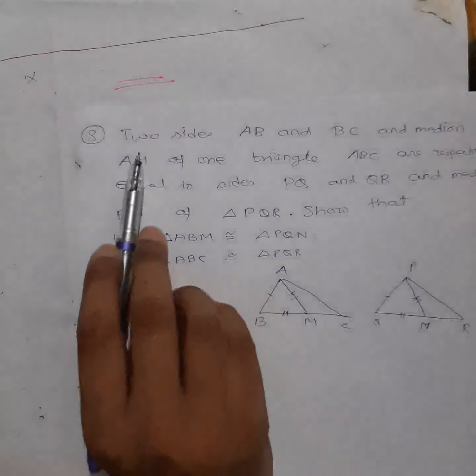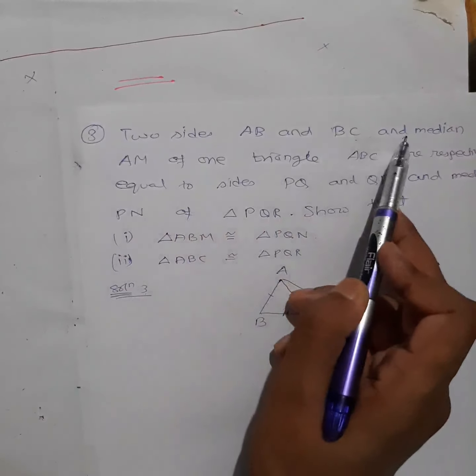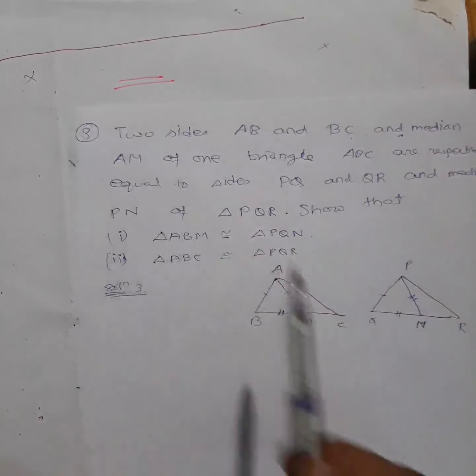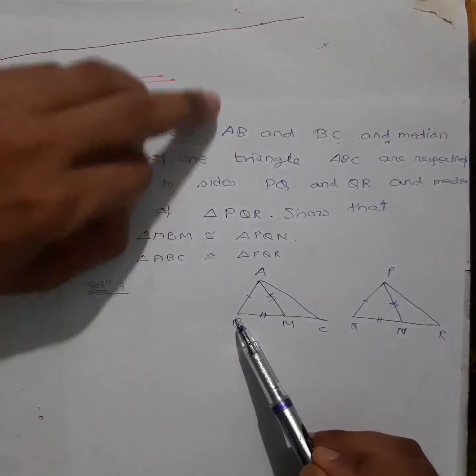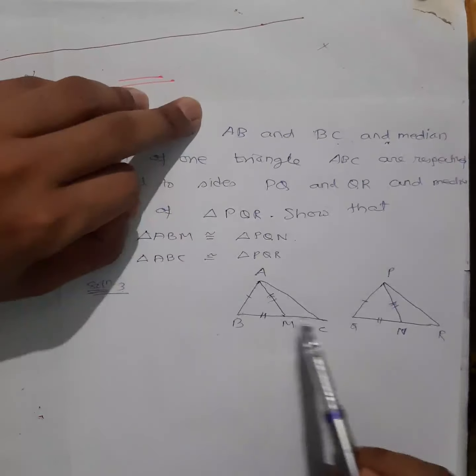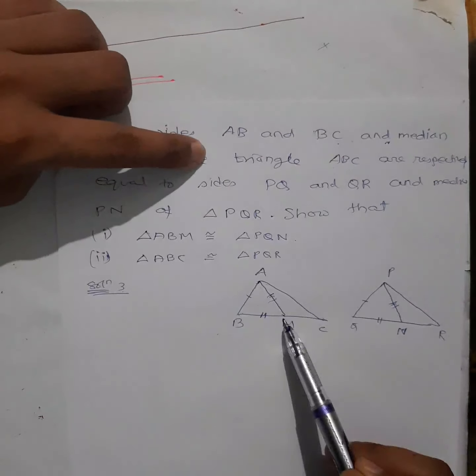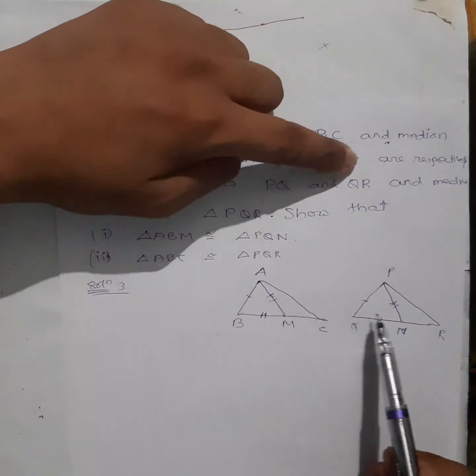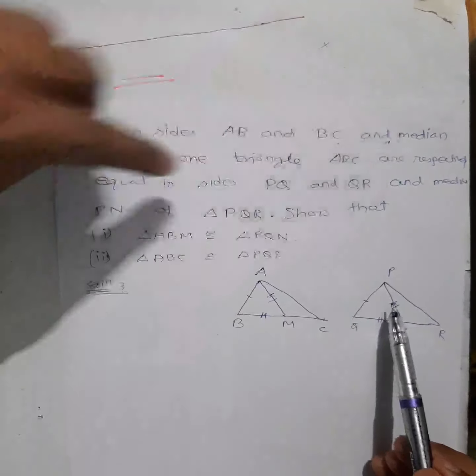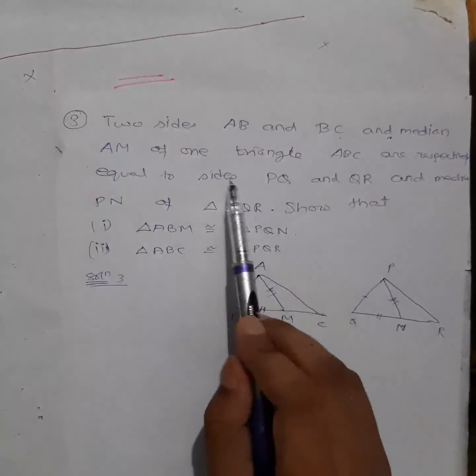Next, question number 3. Two sides AB and BC and median AM of one triangle ABC are respectively equal to side PQ.